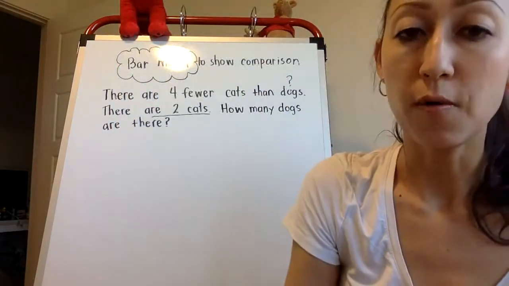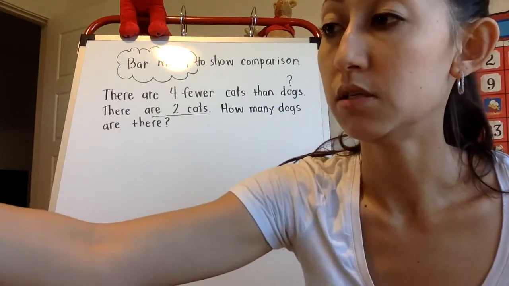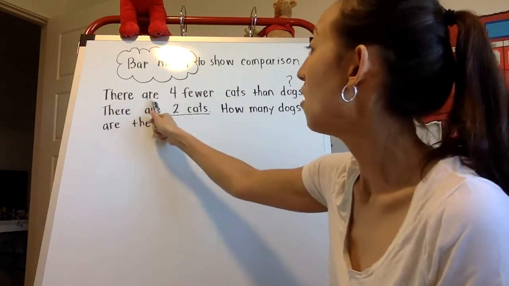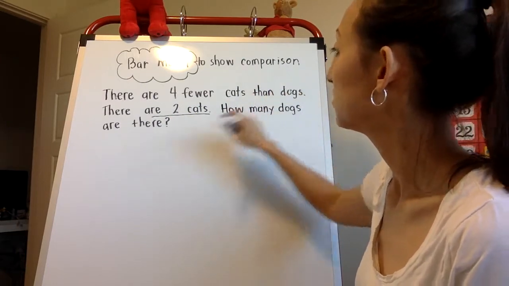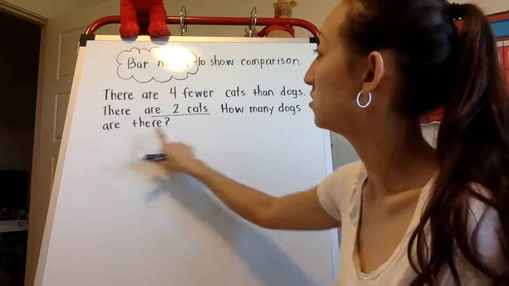I am going to help you do one of the problems. I chose the first one. There are 4 fewer cats than dogs. There are 2 cats. How many dogs are there?